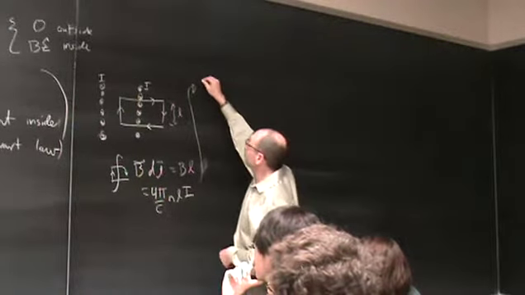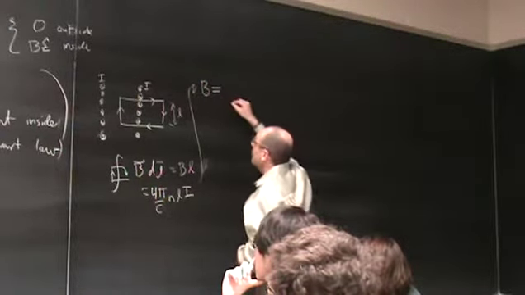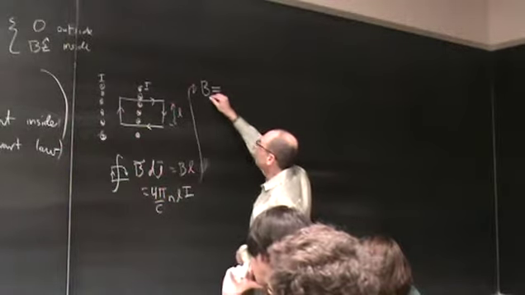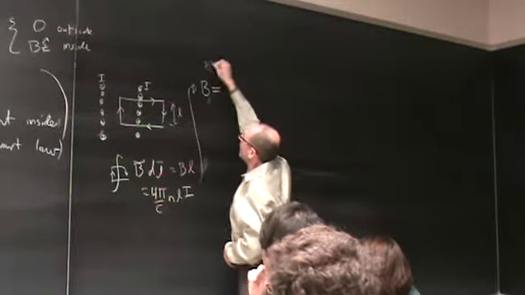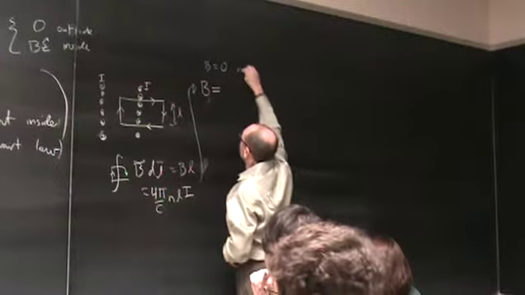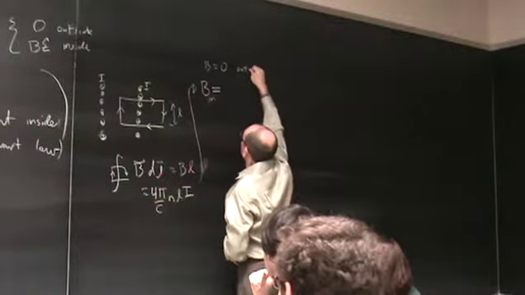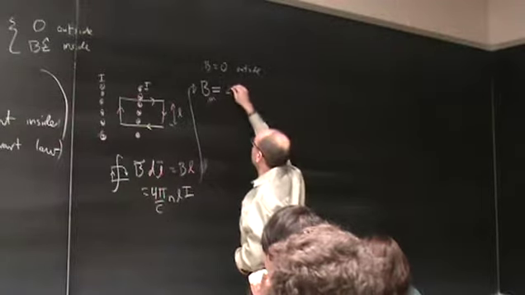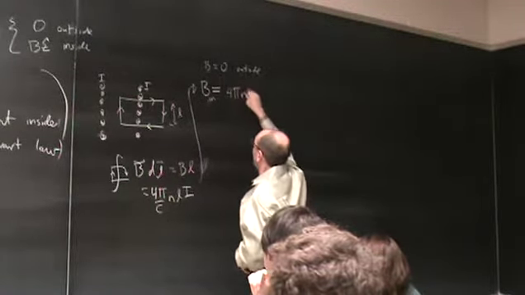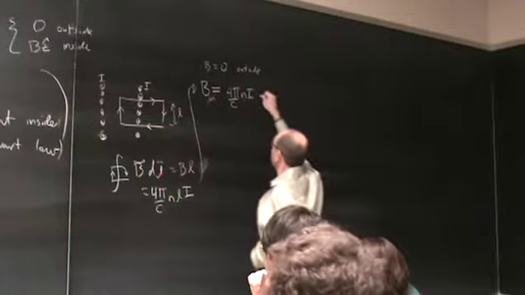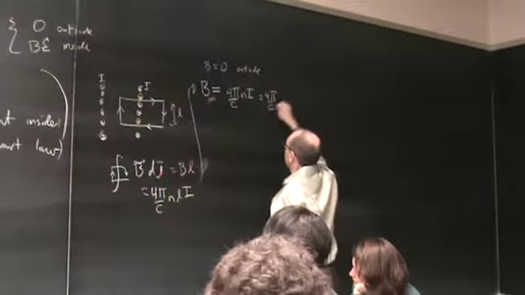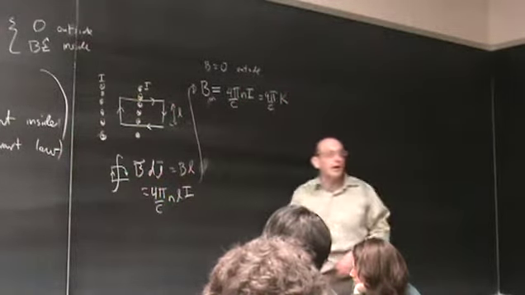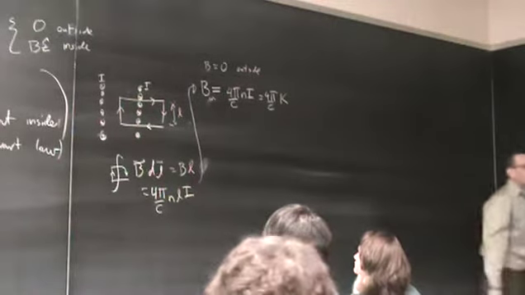And so what we get for a solenoid is that the magnetic field is 0 outside, and inside it's 4 pi nI over c, or 4 pi over c times the surface current flowing around the solenoid.